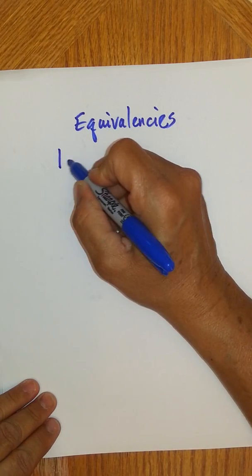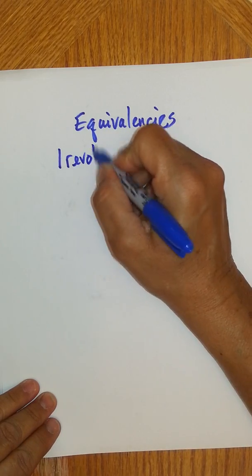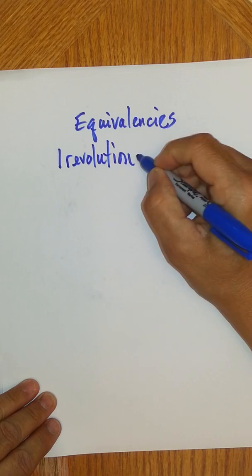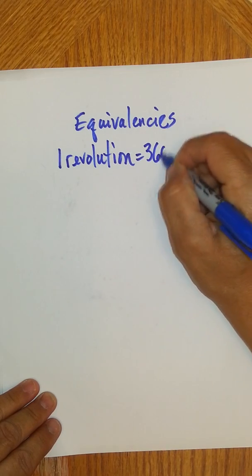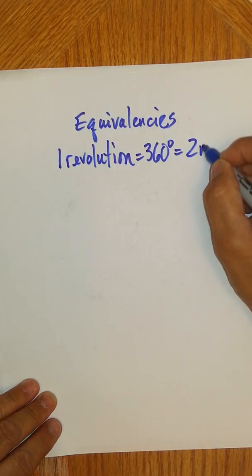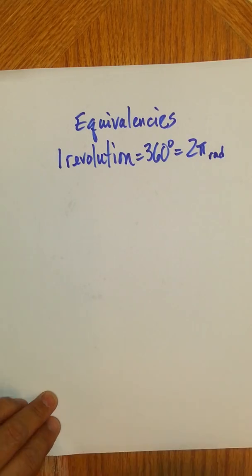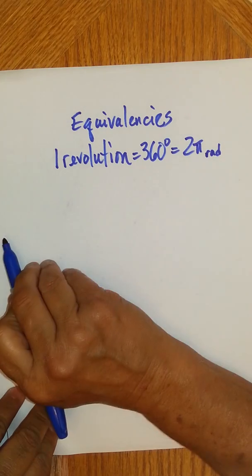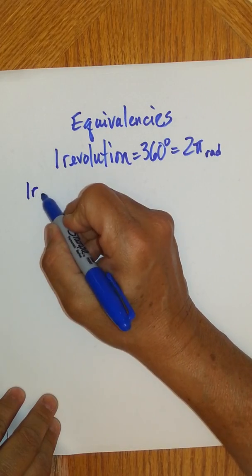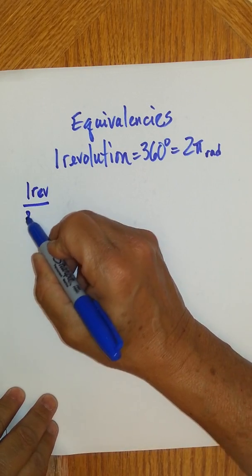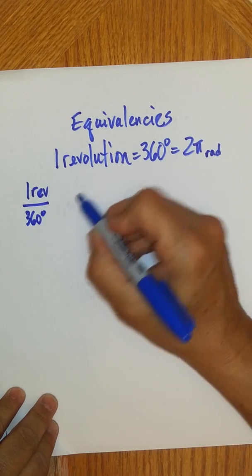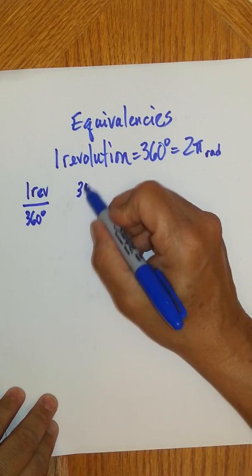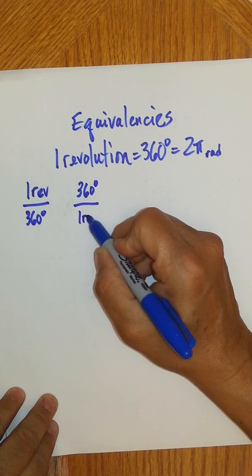So we know that 1 revolution equals 360 degrees, which is also equal to 2 pi radians. Okay? So that when you go to do any kind of conversions, remember you multiply by 1. So you could say 1 revolution over 360 degrees is an equivalency, or you could say 360 degrees over 1 revolution, right?